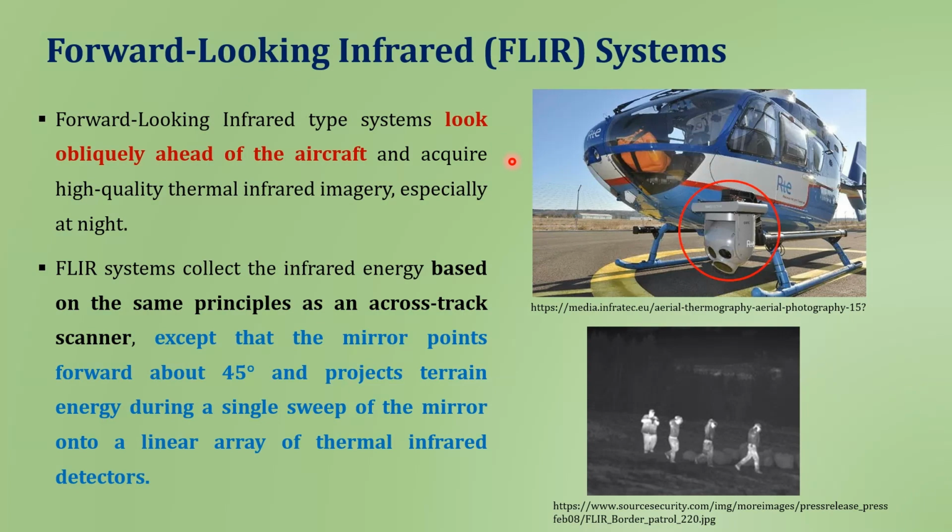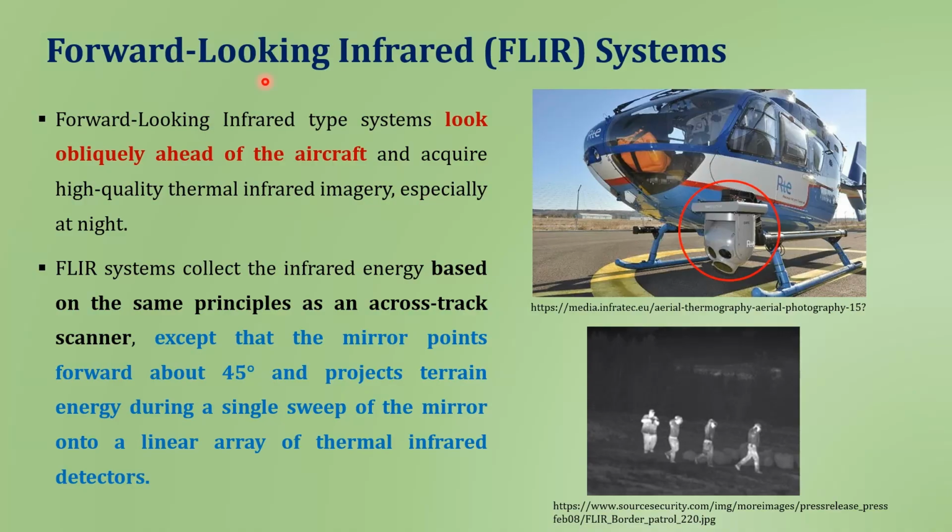Another method of thermal data collection is by using the forward-looking infrared system. As the name suggests, these systems look obliquely ahead of the aircraft and acquire high quality thermal infrared imagery, especially at night.